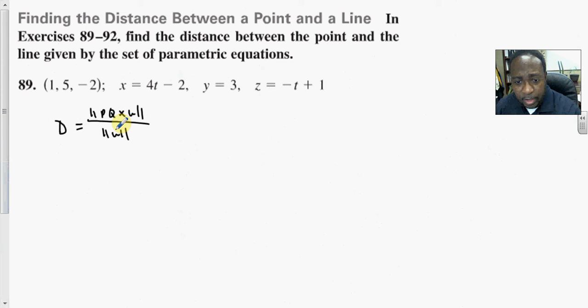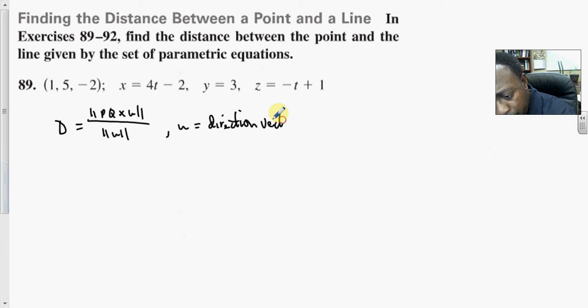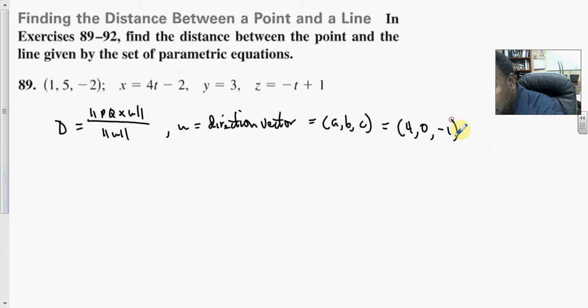U would be the direction vector, which is the A, B, and C. So for this problem, that gives us 4, 0, and -1.